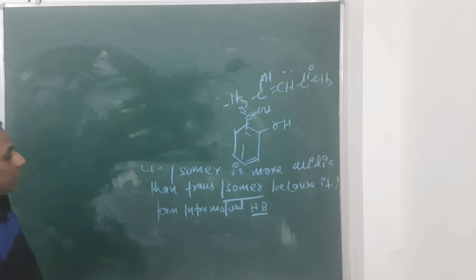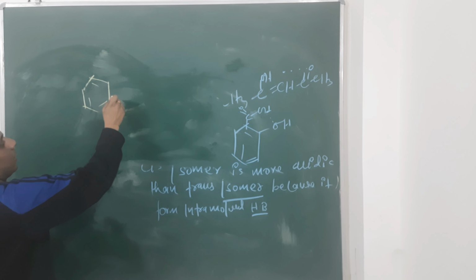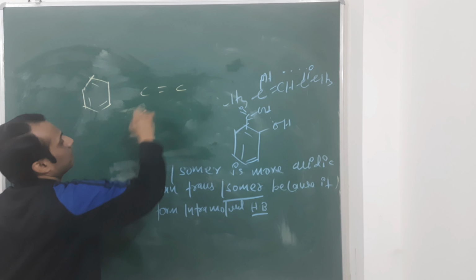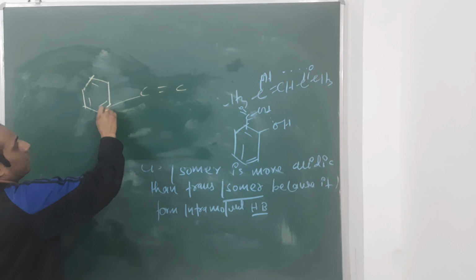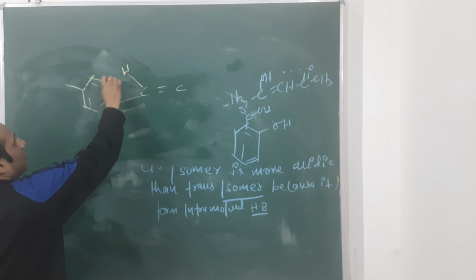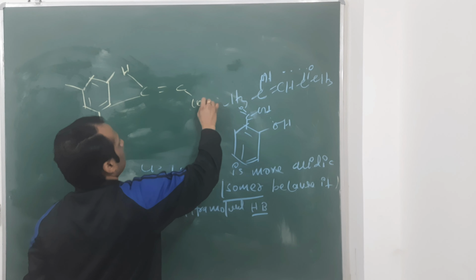I write here, one compound, and the bulky group is there like that, C double bond C. Okay, and here it is attached with the hydrogen group, and the second is a COOH.